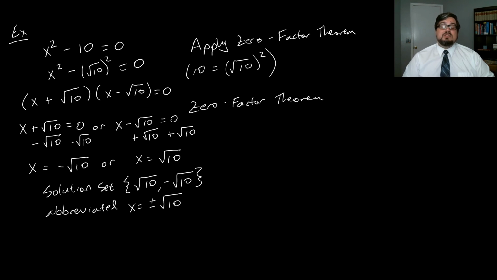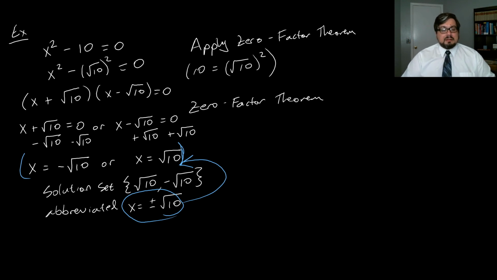It really is always just a shorthand for either the positive thing or the negative thing. So when we say x is equal to plus or minus the square root of 10, that really is just a shorthand for what we wrote up above. x is equal to negative square root of 10, or x is equal to the square root of 10.